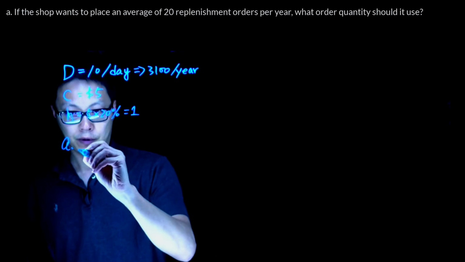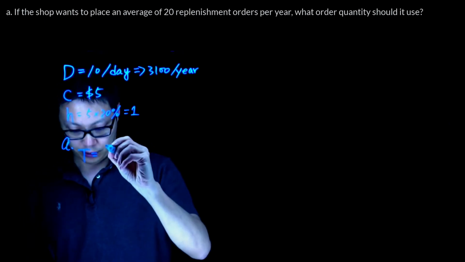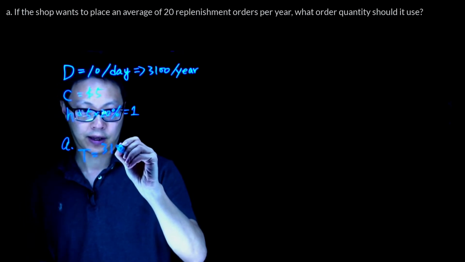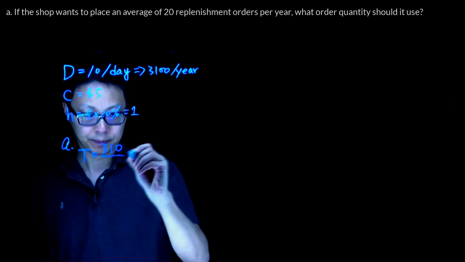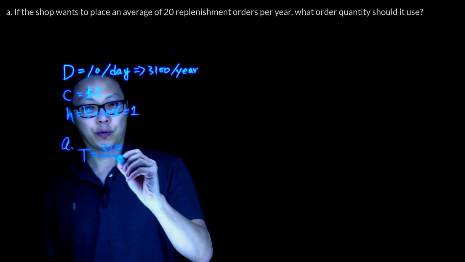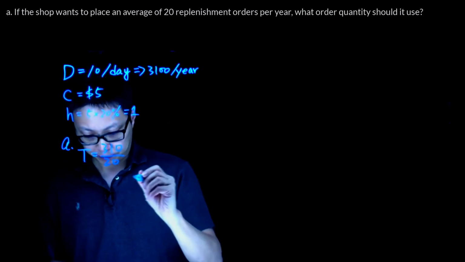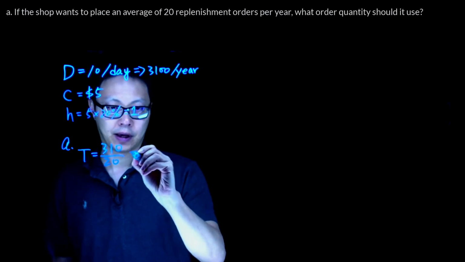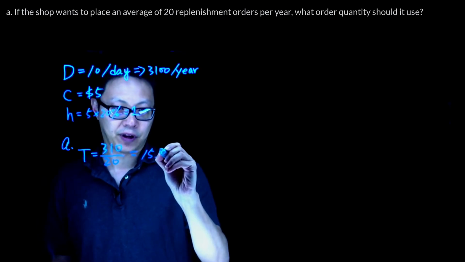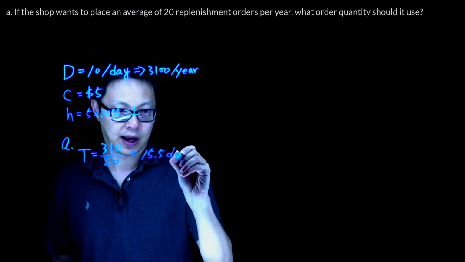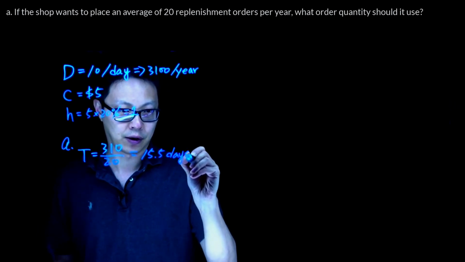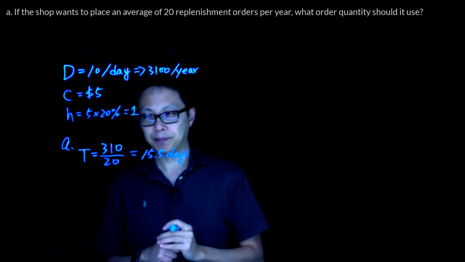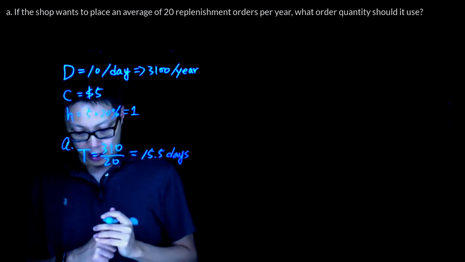We know there are 310 days per year. If we want to place 20 orders per year, that means every 15.5 days, I need to place orders. Okay?